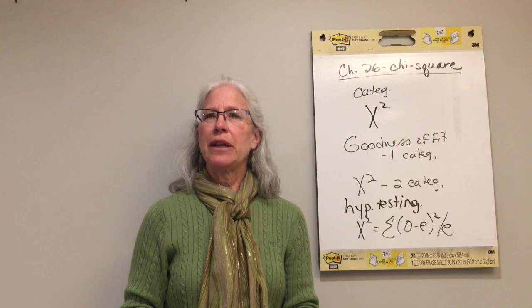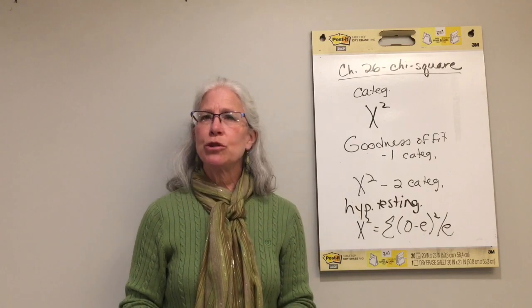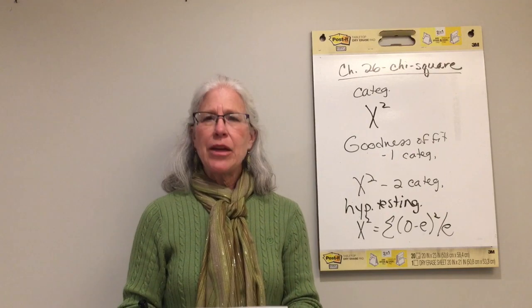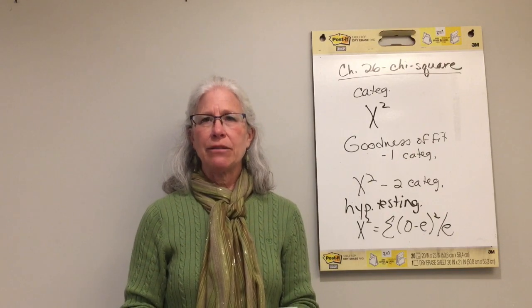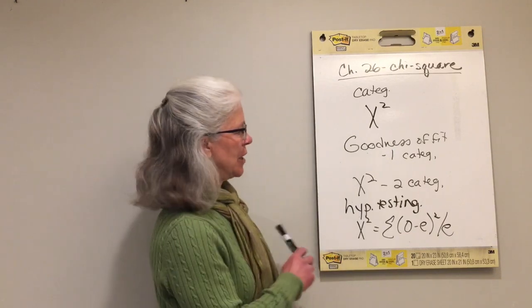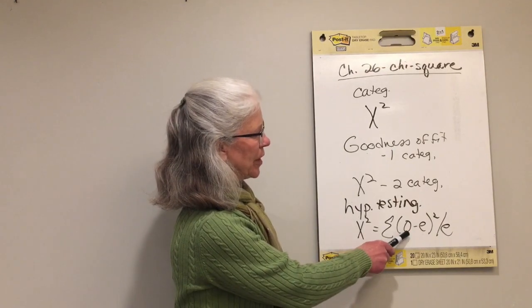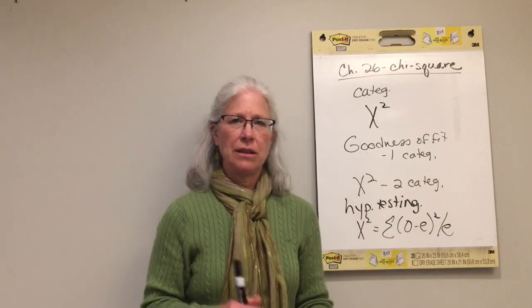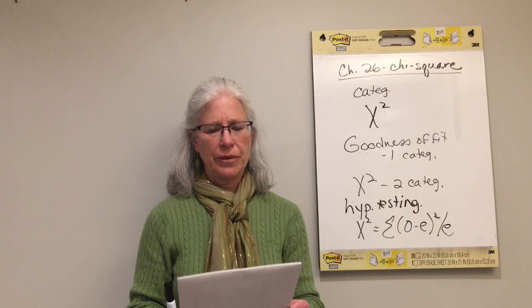We assume we have independent observations. That's probably true too. If we pick them at random, they're probably independent of each other. And then we also assume that we have at least 5 expected in every category or combination of categories. So we're not looking at the observed count in our sample. We need at least 5 expected if the null hypothesis is true.